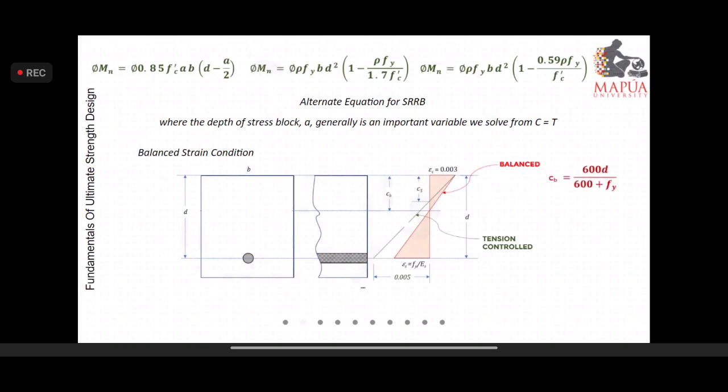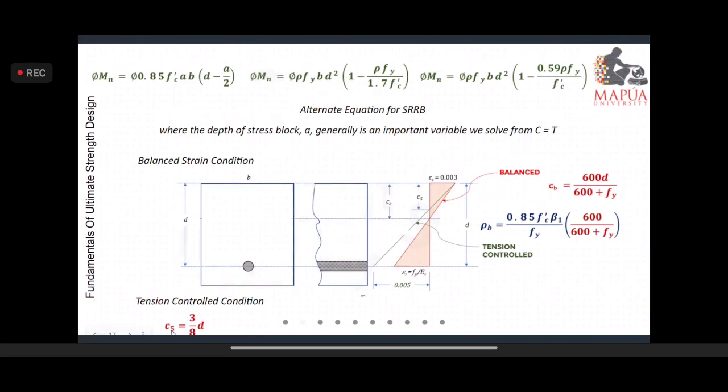This is 600D by virtue of similar triangles, and then 0.85 FC prime for the balance. As we take a look at this formula, 0.85 FC prime beta 1 over Fy times 600 over 600 plus Fy. Tension control condition, this will be the setup.